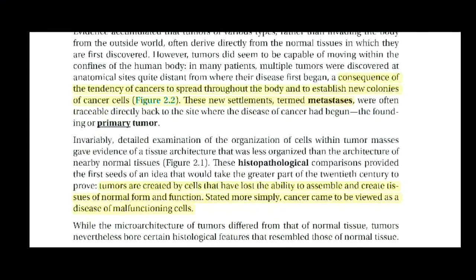That leads these cells to migrate through a blood medium, mostly the blood medium, and after that it settles down in a different organ, where it starts again to proliferate to form a secondary tumor. So this whole process is called metastasis.